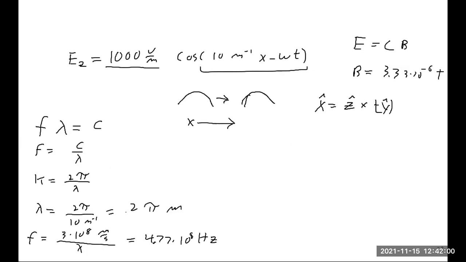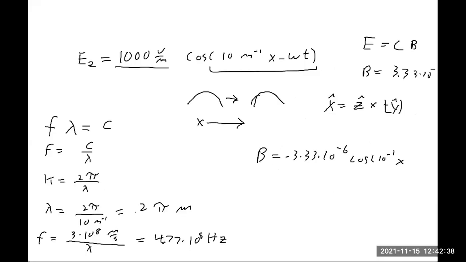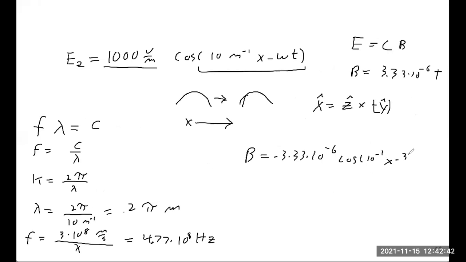So putting it all together, it's going to have the same cosine term, its angular frequency needs to be 3 times 10 to the 9 radians per second, and it needs to have units of Teslas.